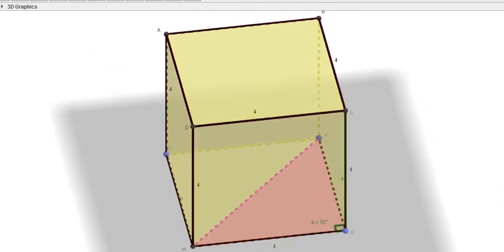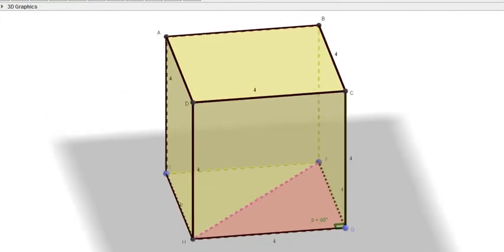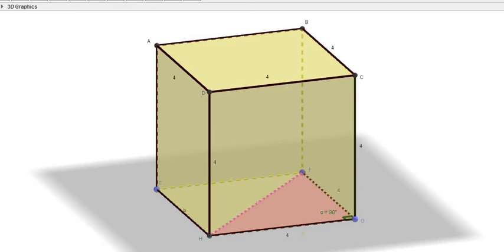So here clearly HFG is a right angle triangle and G is the 90 degree, and two sides are known to us, HG, that is 4 centimeter, and FG is also 4 centimeter. So we will draw this diagram in 2D, and then we will use trigonometry to find out the unknown.